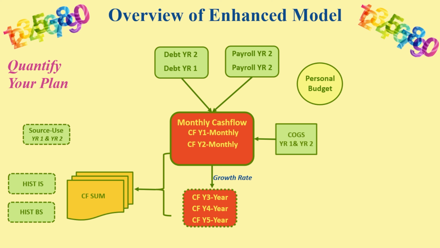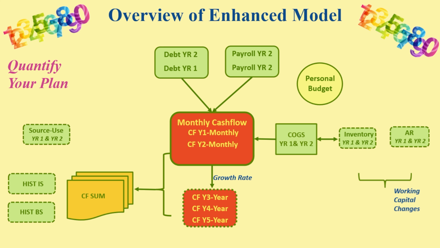Next is cost of goods sold, or COGS. This tab helps you build the cost per unit of your product or service. This data is fed to the monthly cash flow tabs and the inventory tab. There is also a tab for accounts receivable, where you can enter monthly invoices and collections for years 1 and 2.